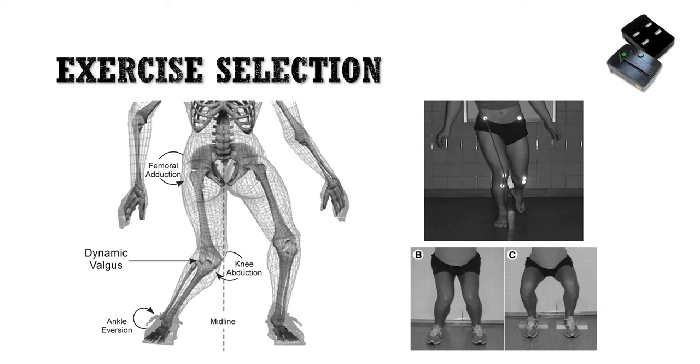It's not exactly what you would think. Hip adduction is where the femur moves closer to the midline of the body. Knee abduction is where the tibia and fibula move away from the midline of the body relative to the position of the femur, if that makes sense.